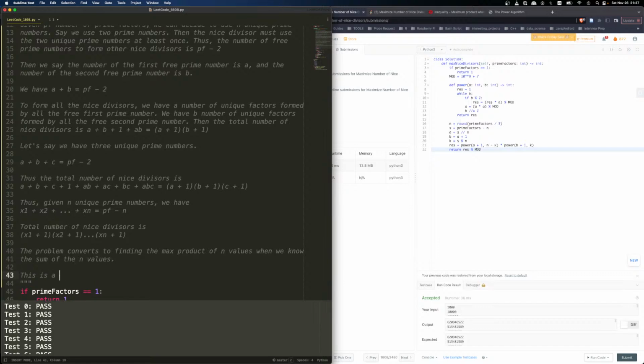Now this is a solved math problem, and the answer is that the n values must not differ by more than 1. The proof is here.